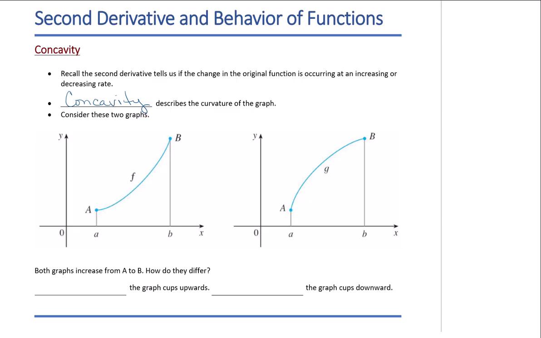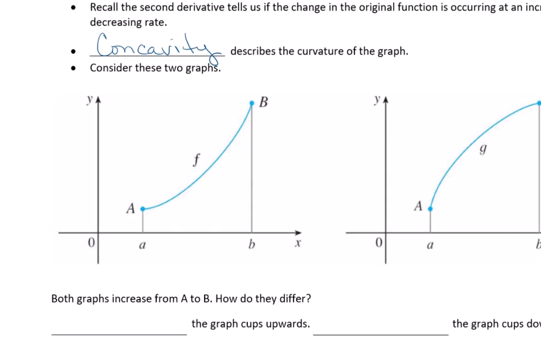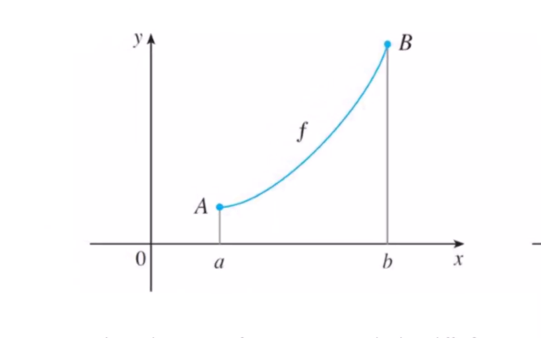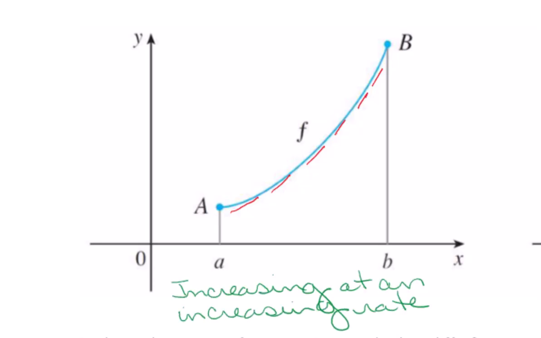Both the graph on the left and the right are increasing from A to B. But if we look at the graph on the left, function f, the tangent line to every point is on the outside of the graph, and it is getting steeper and steeper. This means it is increasing at an increasing rate.